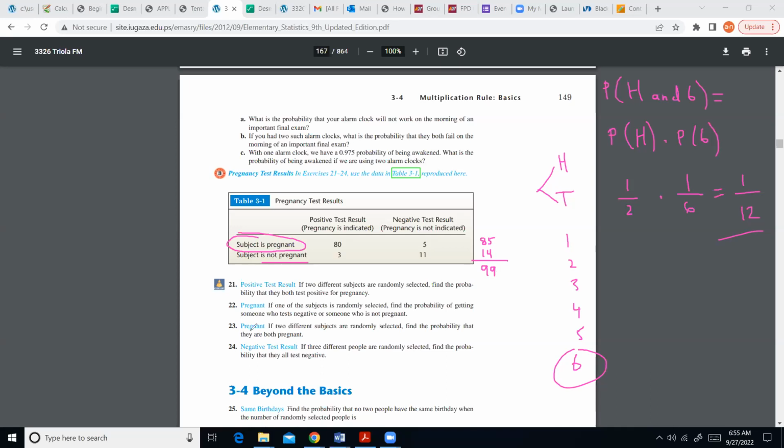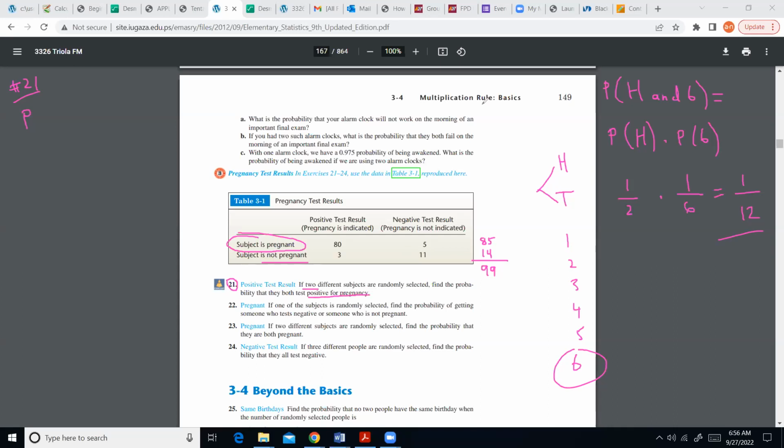Exercise 21 is dealing with selecting 2 subjects. In this chapter, we start to deal with repeating an experiment more than once. In exercise 21, they're talking about selecting 2 and finding the probability of getting someone who tests positive for pregnancy.